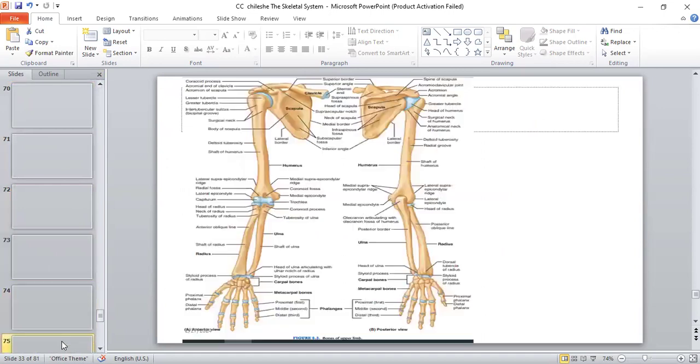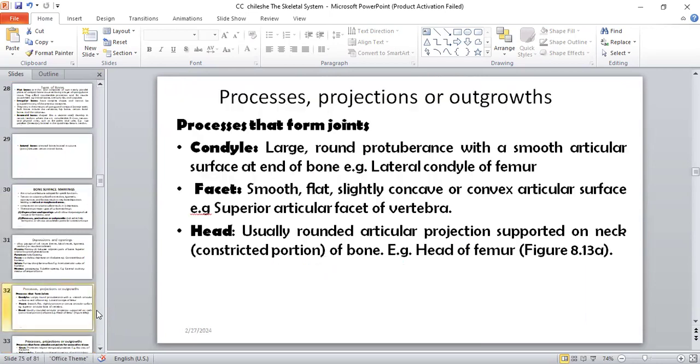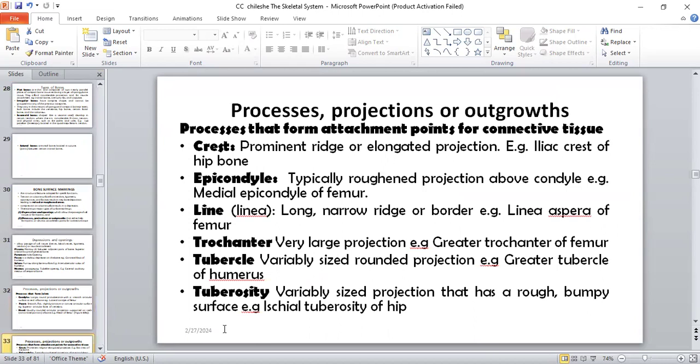So on either side we have a lesser tubercle and a greater tubercle. That is what a tubercle is.